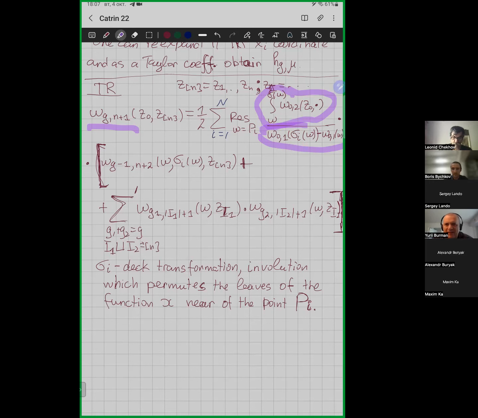Now understood. So in this form, the formula is applicable. Yeah, you're right.